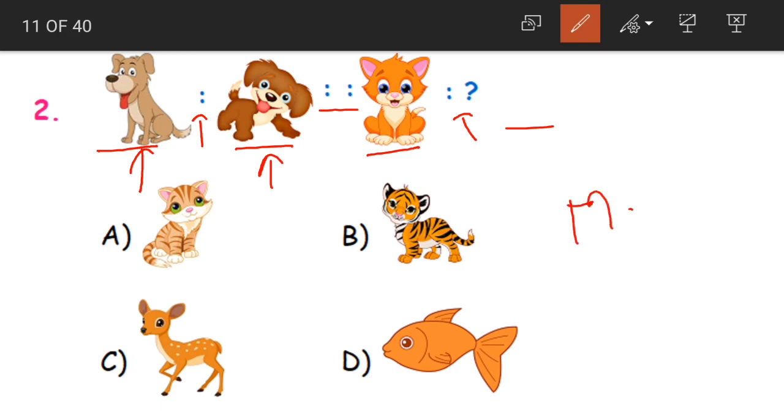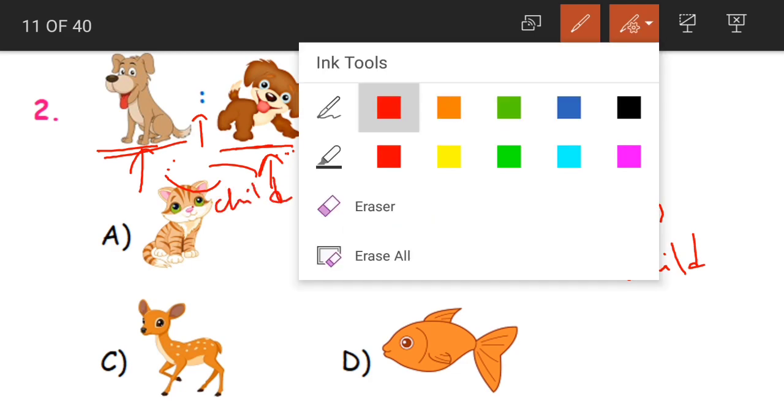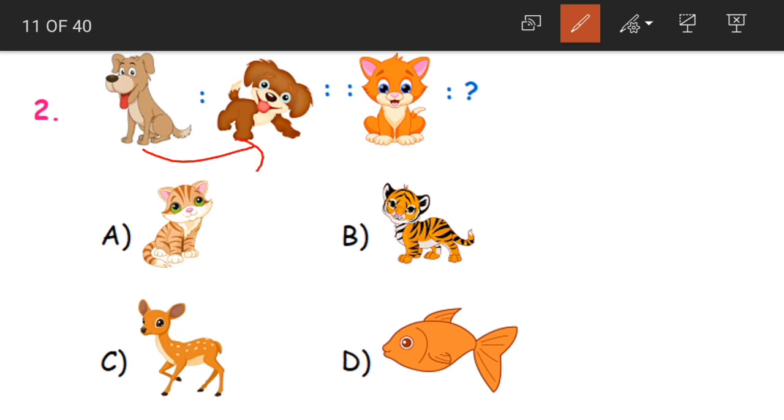Just like we have man and man's child. In the same way, this is dog and this is dog's child, that is our puppy. Now what will be the missing object here? The same relation. What is the relation here? Child or offspring. We can call it offspring. The offspring of dog is puppy.